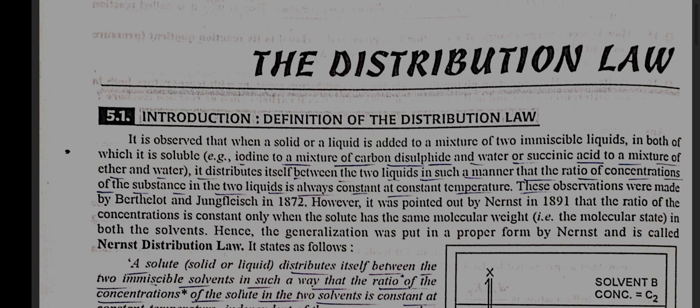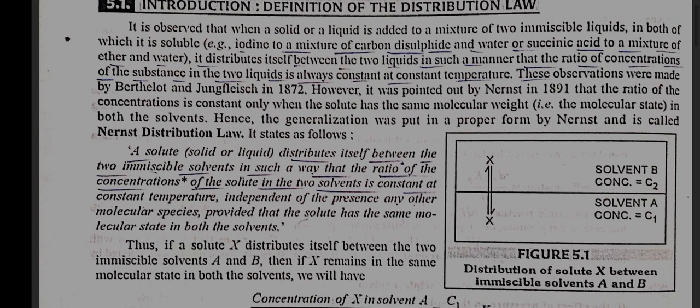It states as follows: a solute, that is a solid or a liquid, distributes itself between two immiscible solvents in such a way that the ratio of the concentration of the solute in the two solvents is constant at constant temperature, independent of the presence of any other molecular species, provided that the solute has the same molecular state in both the solvents.